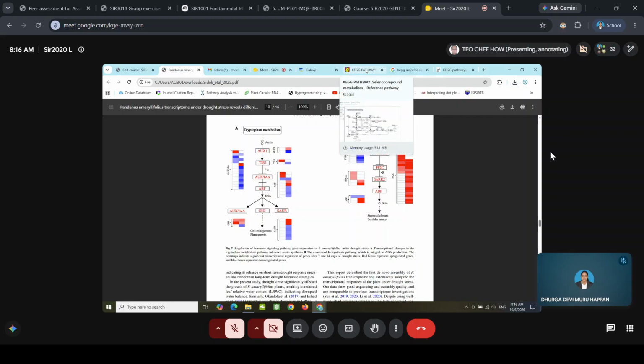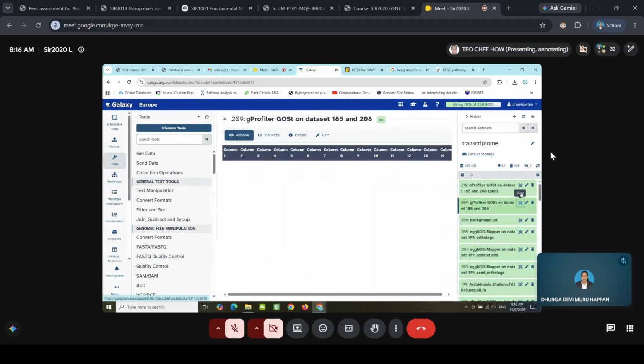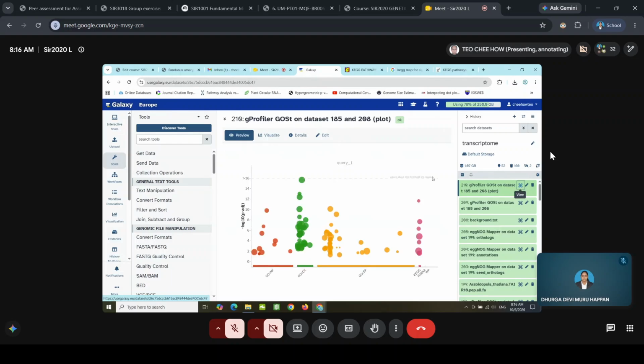Every time when we talk about GO and KEGG map analysis, GO is usually only for the terms. So for example here, this means that you have several genes, 300-something genes involved in the response to temperature stimulus.